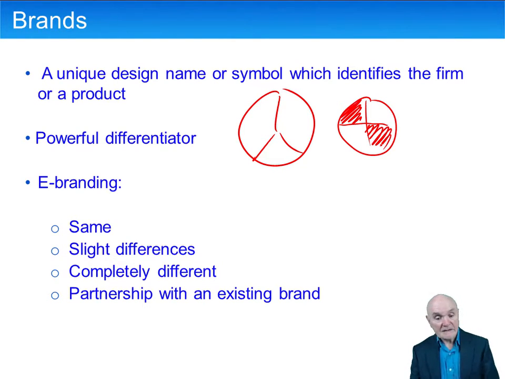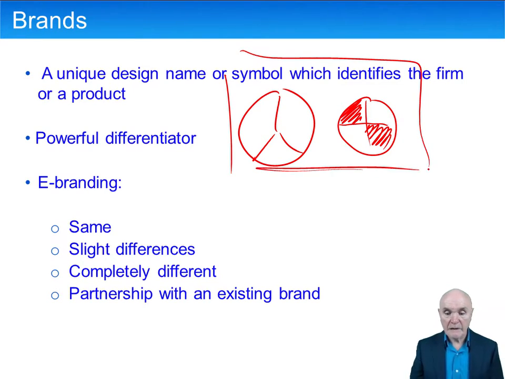Secondly, brands are powerful differentiators. Associated with the brand are, for example, quality. It could be a differentiator which says, as both of these would, they are relatively expensive, but they're smart, upmarket executive type vehicles.